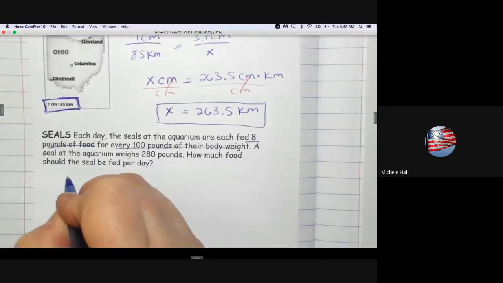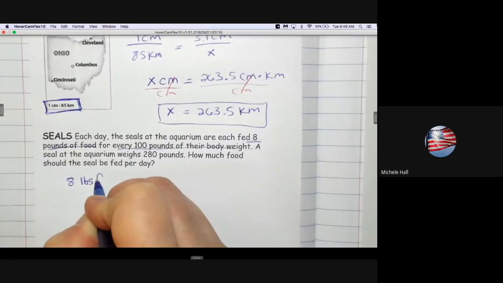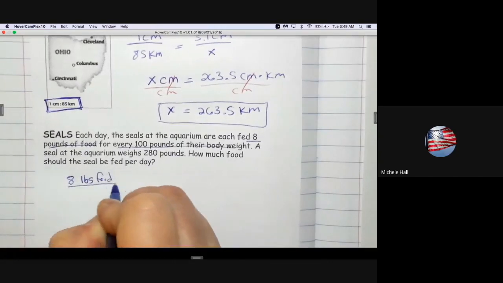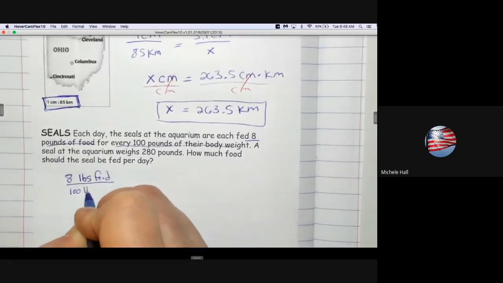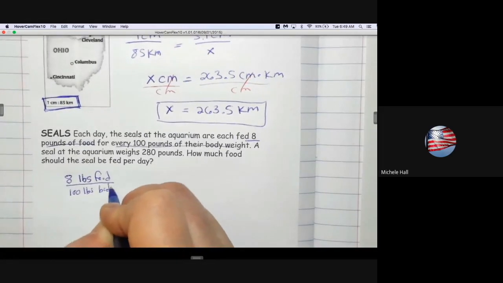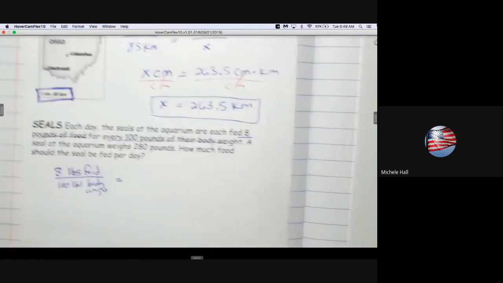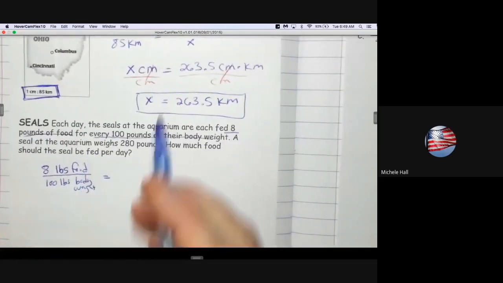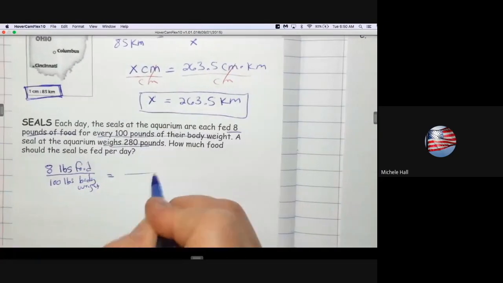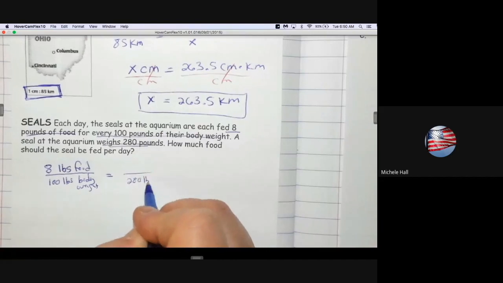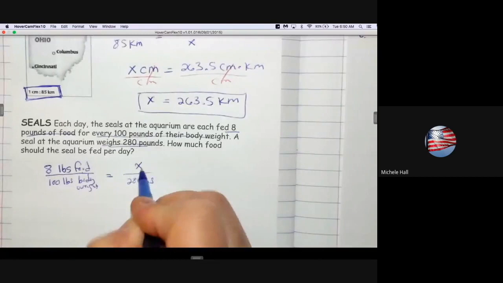So we have 8 pounds of food to 100 pounds body weight equals a seal at the aquarium weighs 280 pounds. That would be body weight. So we have 280 pounds. How much food? Food, that is the unknown.